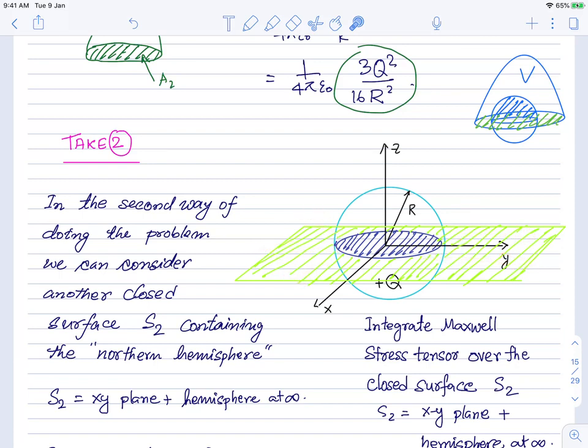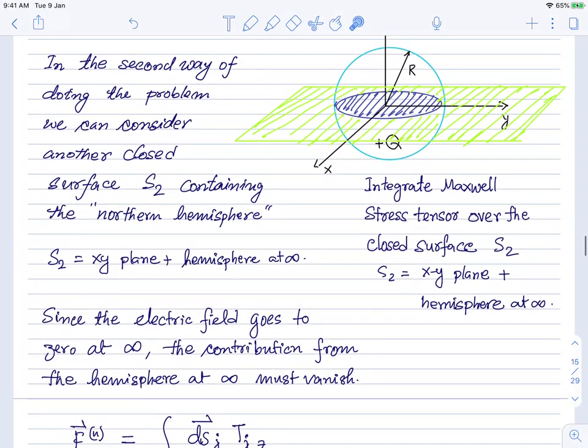Okay, so we can do this integration now on the xy plane. Just if we consider the xy plane and do the integration, then we must get the same answer, because this is also a closed volume. Okay, this is the interesting part. So let's see. Here, on this xy plane, again there are two parts to the problem. One is the region inside, which is this disk.